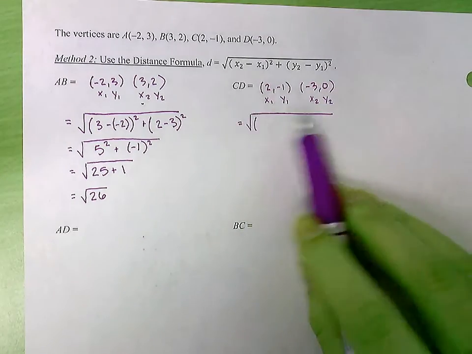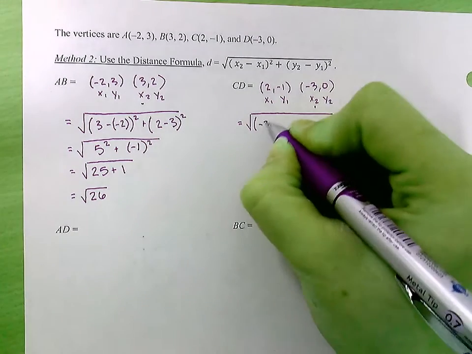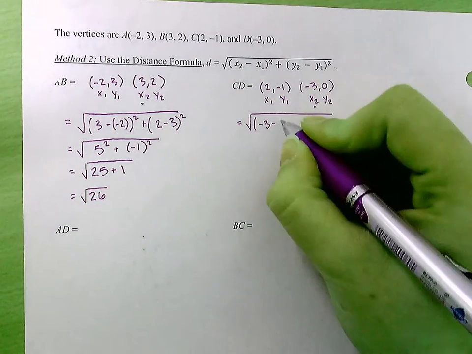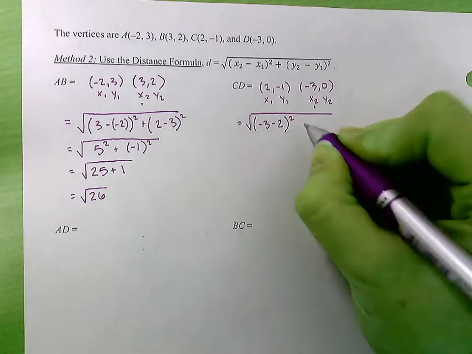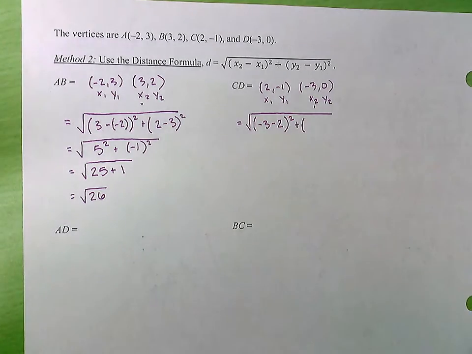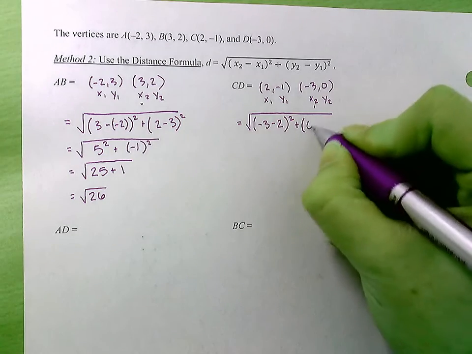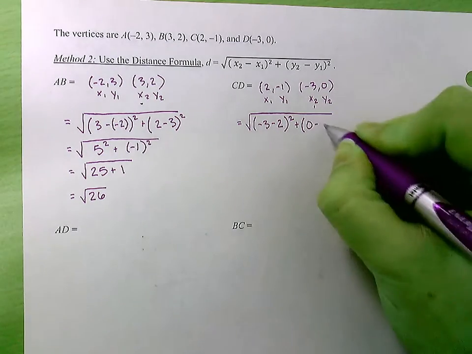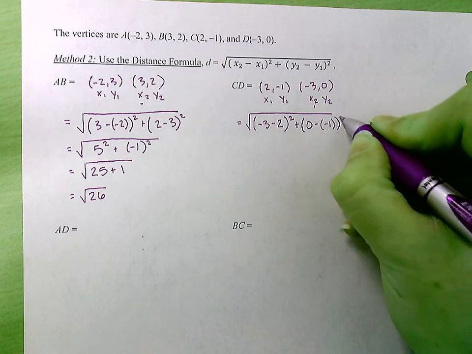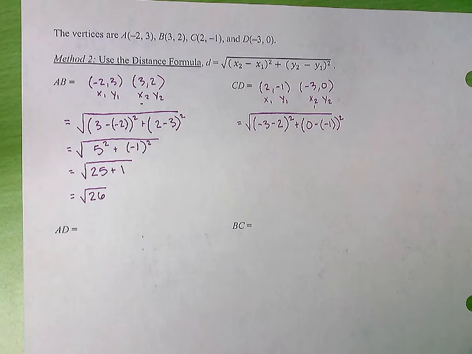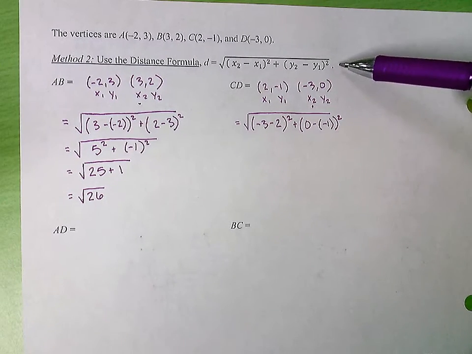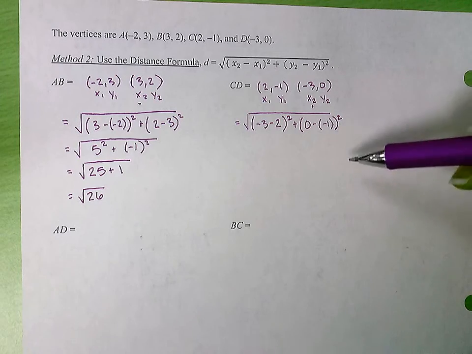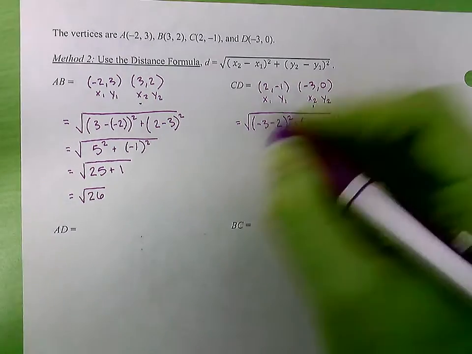So we'll take x sub 2 is -3, minus x sub 1 is 2, that's squared, plus y sub 2 is 0, minus y sub 1 is -1, and that is squared. So again, I'm just plugging my values into my formula up here. Okay, so from here I can just simplify.